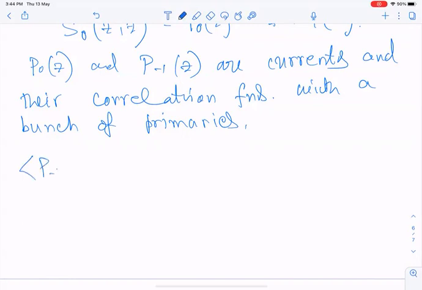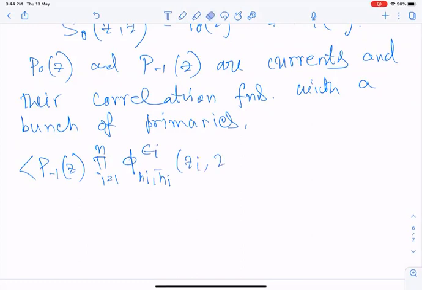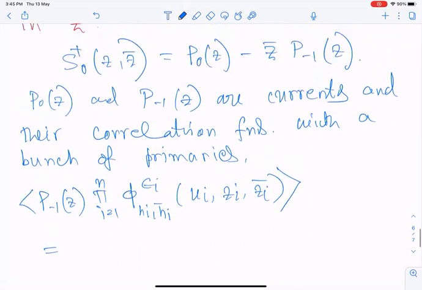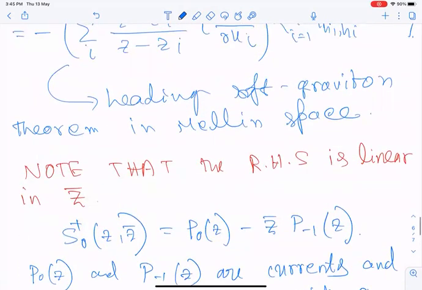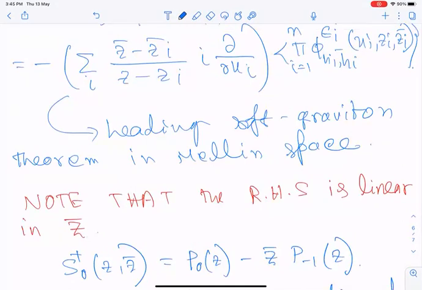P minus 1(z) is the coefficient of minus z bar. So I have to basically equate that.